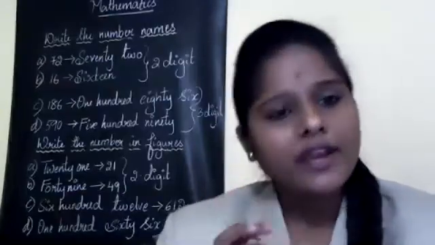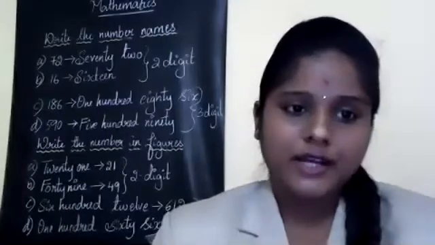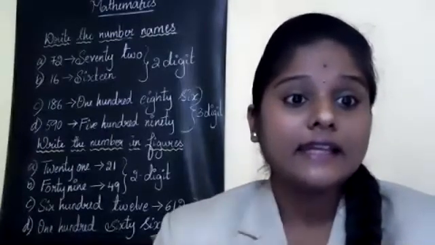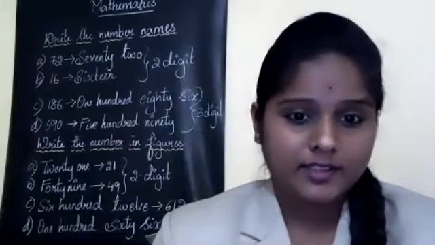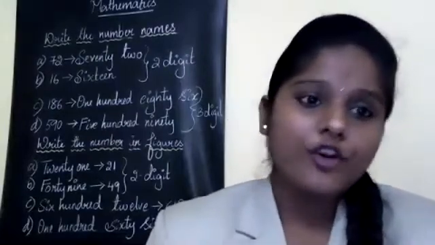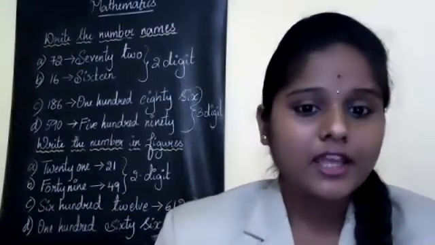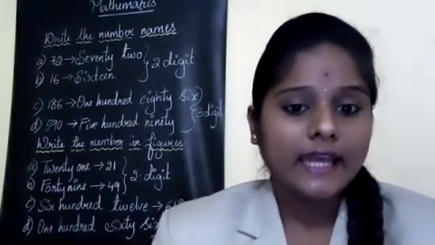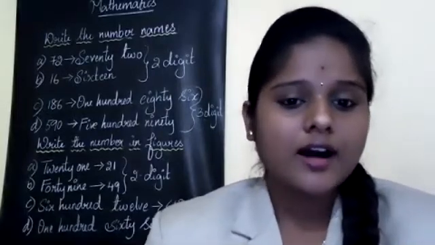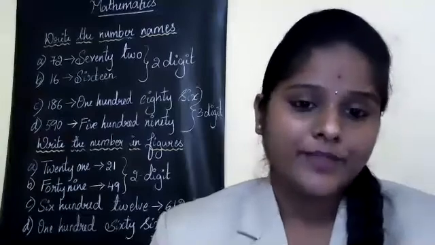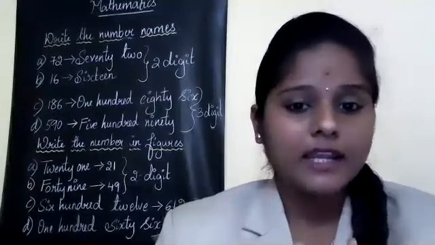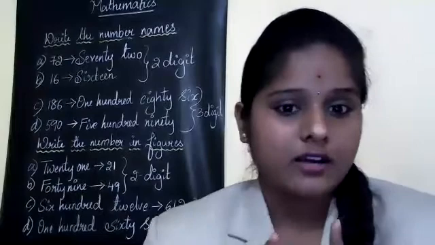Done? Why are we going to add the word hundred? Because it is present in the hundreds place. Okay? And the spelling for hundred is H-U-N-D-R-E-D. Okay? So remember this spelling. No making any mistakes in the spelling of hundred.